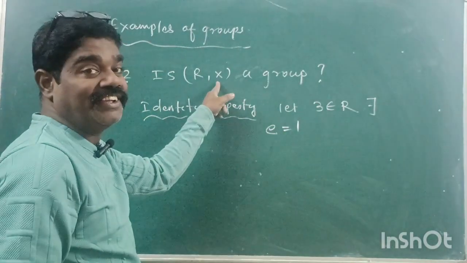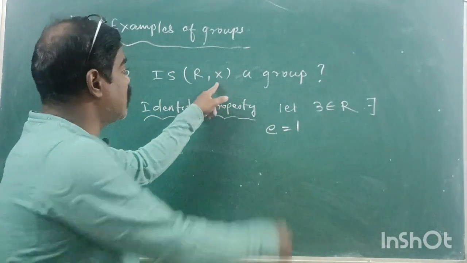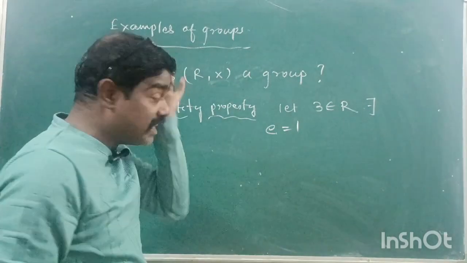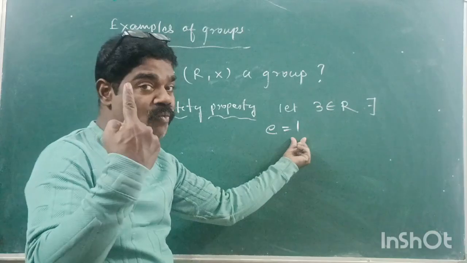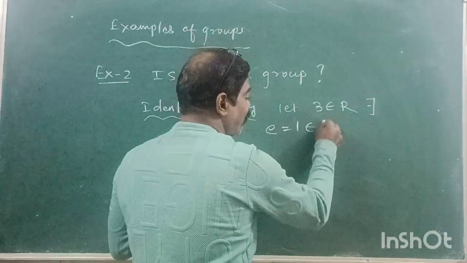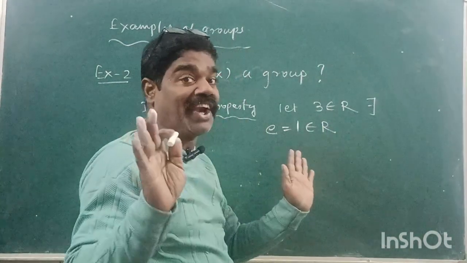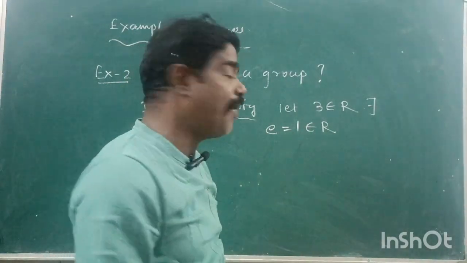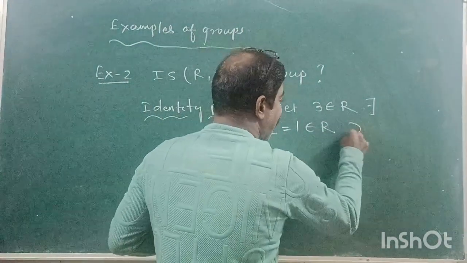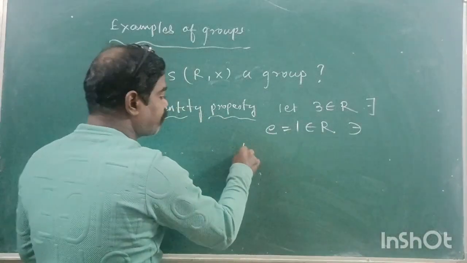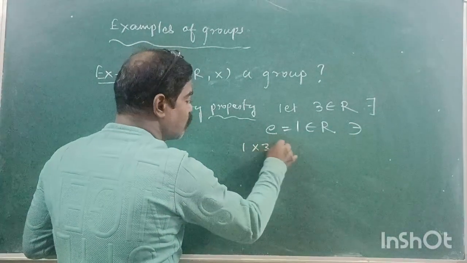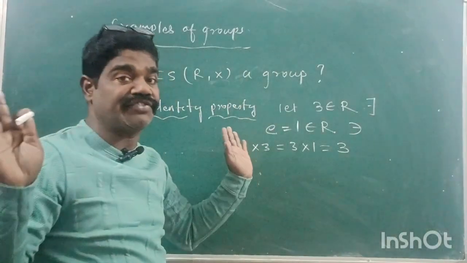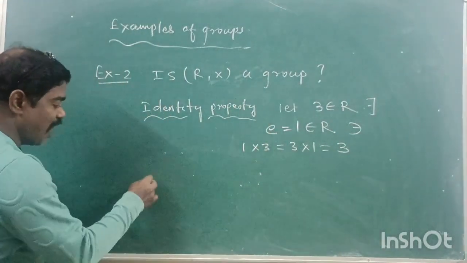Because here the binary operation is multiplication. Right or not? For multiplication, e is equal to how much? 1. 1 belongs to where? R. We know very well, right or not? Because R contains all the elements. Okay, fine. Such that 1 into 3 is equal to 3 into 1 is equal to 3. Condition satisfied. Fine.